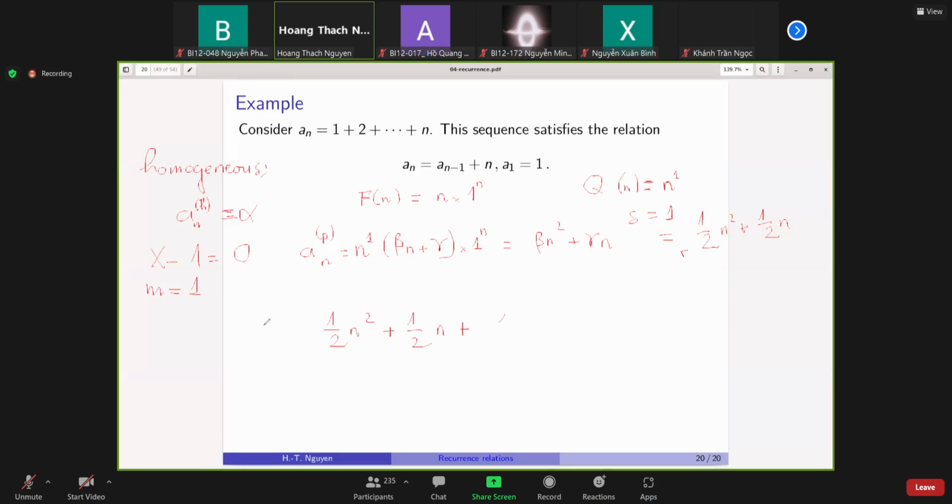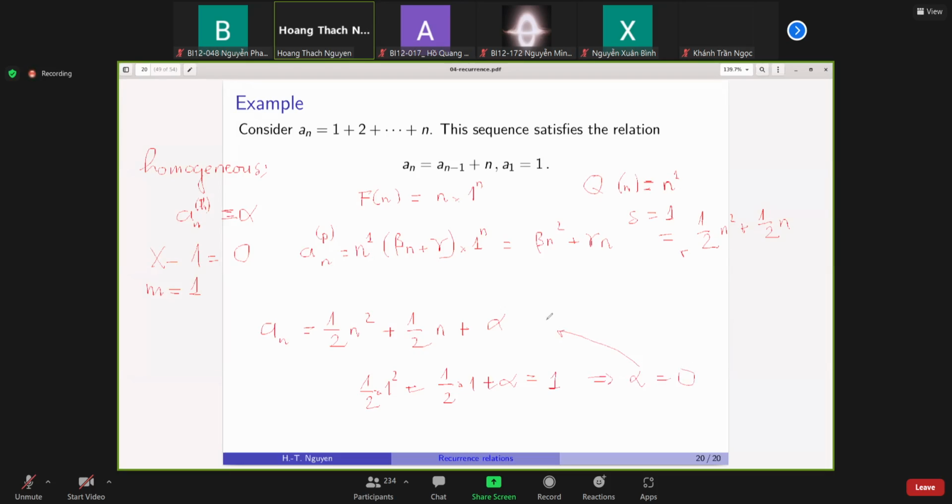Okay, so we have a_n equal to this. And the final step is to plug this into the initial condition. So we have 1/2 of 1 squared plus 1/2 times 1 plus alpha equal to 1. Okay, so alpha is 0.